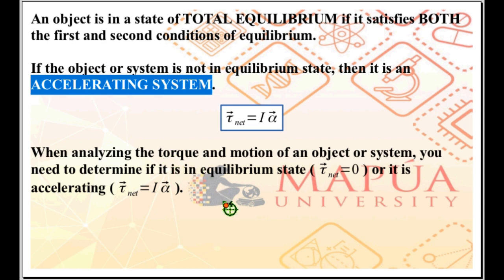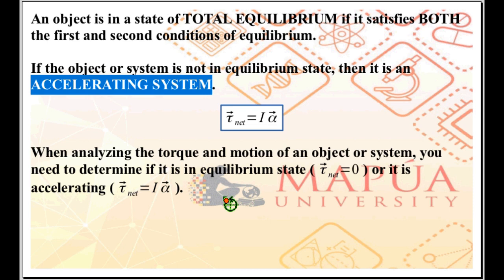First things first, of course, look at the problem and draw the system or object. If the drawing is not provided by the problem, then using the drawing, identify the forces present in the system. In knowing the forces present in the system, you have an idea of the torque experienced by the system.